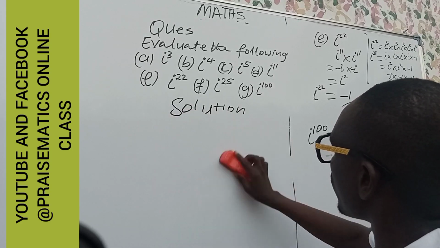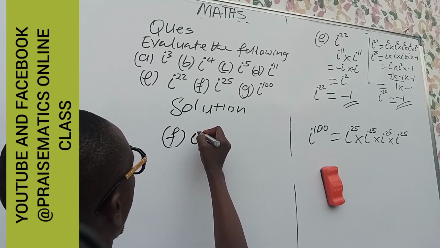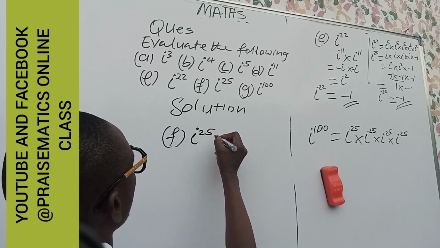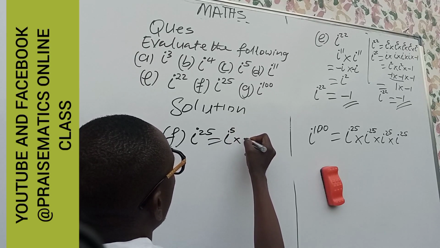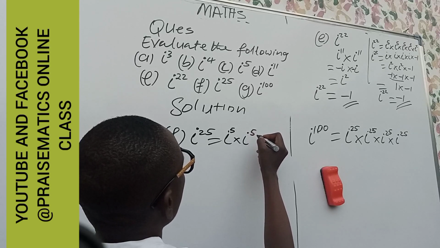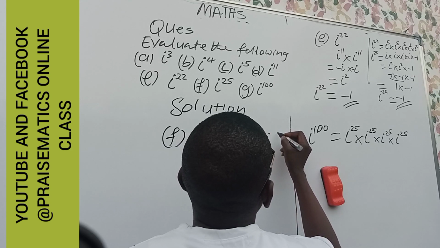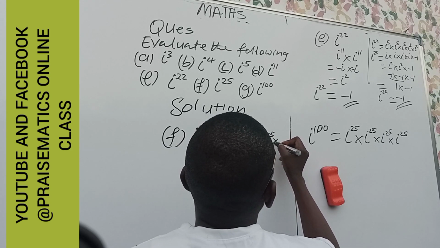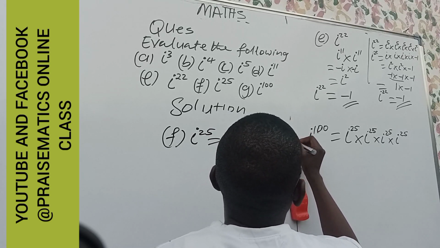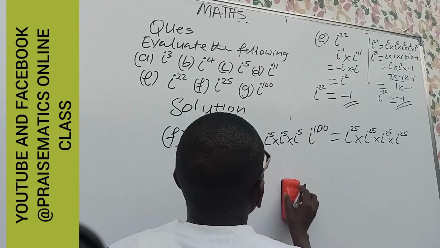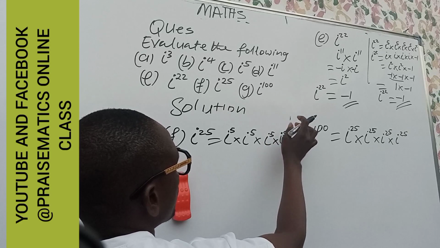So i power 25, so that we know the answer. i power 25 is the same thing as i power 5 multiplied by i power 5 multiplied by i power 5 multiplied by i power 5 multiplied by i power 5. When you add them, 10 plus 5, 25.